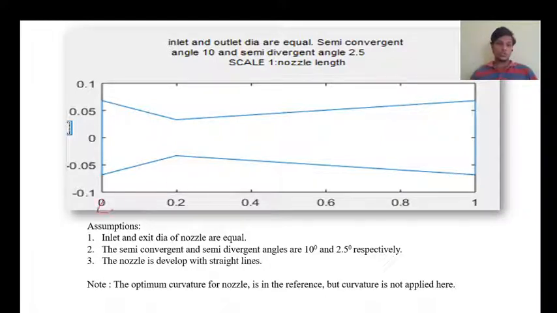Here it is 0 and here it is 1. These are the angles as said earlier: semi-divergent angle 2.5 degrees and convergent angle 10 degrees. And this is the area ratio of the nozzle, a straight nozzle with area ratio varying linearly.